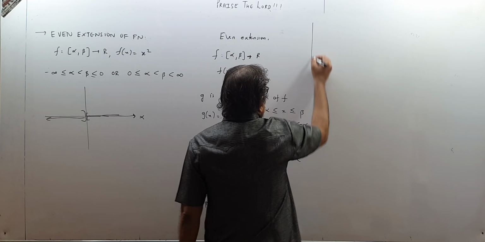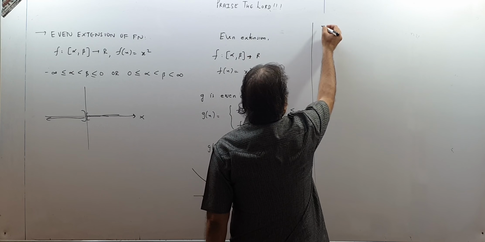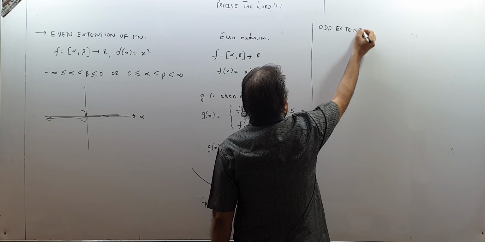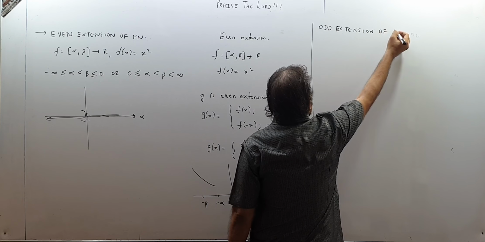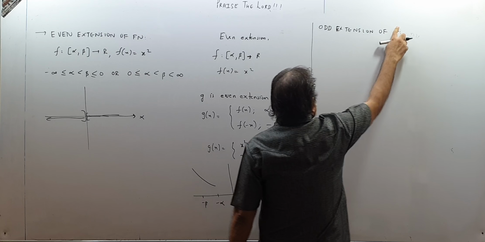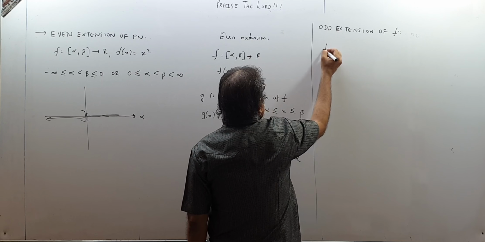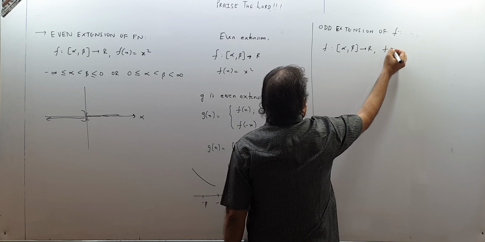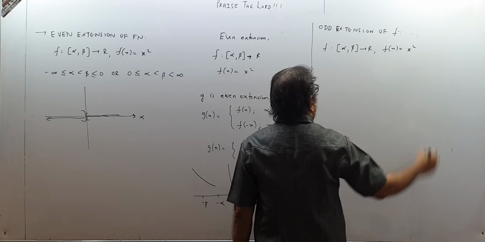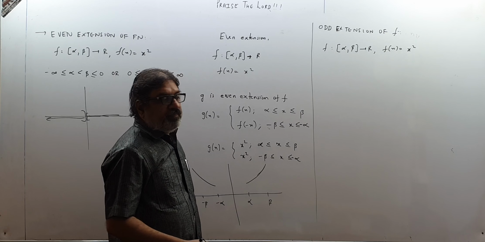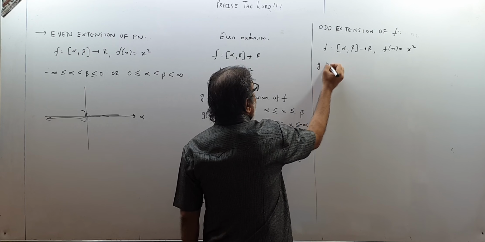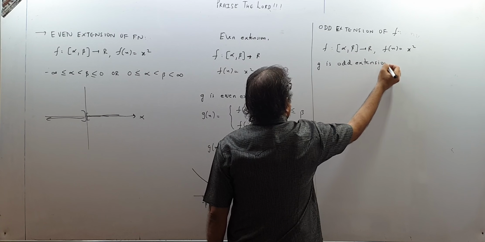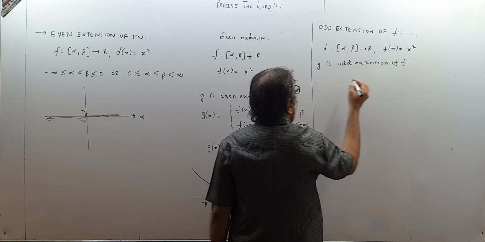Similarly, if I want odd extension of f, see again, f is a function from alpha beta to R and f(x) equal to x square, same thing. Now I want odd extension. So if g is the odd extension of f, then what will be g(x)?